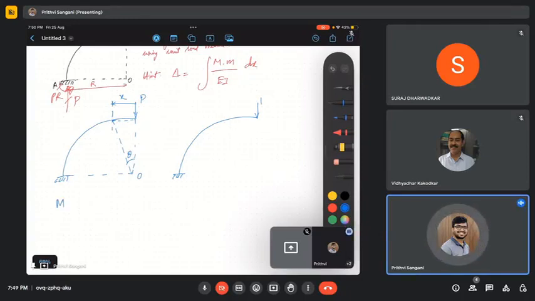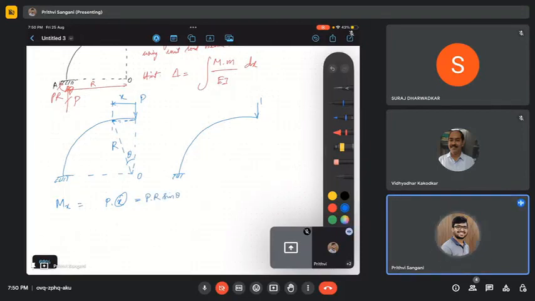First we need what m is. So m is nothing but Mx, that is P times x. I know this r, right? So I can write this length as r sine theta. That is nothing but P times r sine theta.